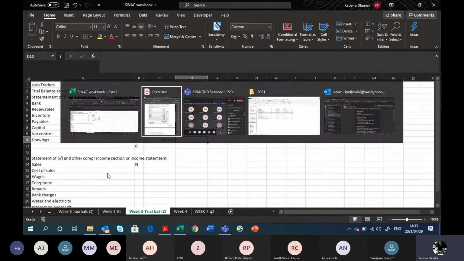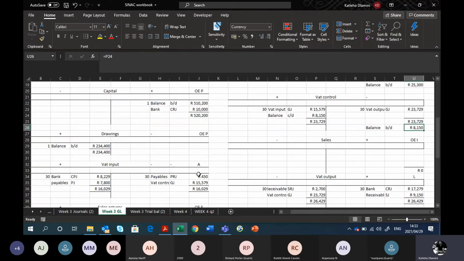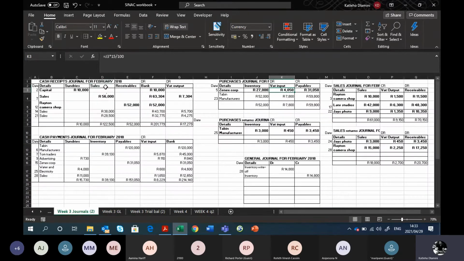What's next? Sales is next. So let's see. We have obviously these sales, and then we have these sales, and then we have the sales returns. And that's it.